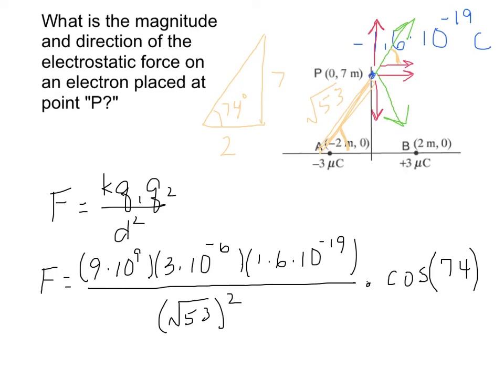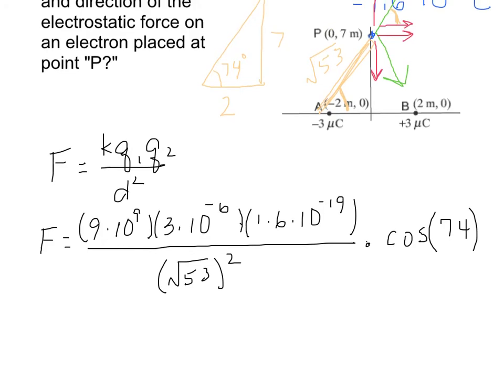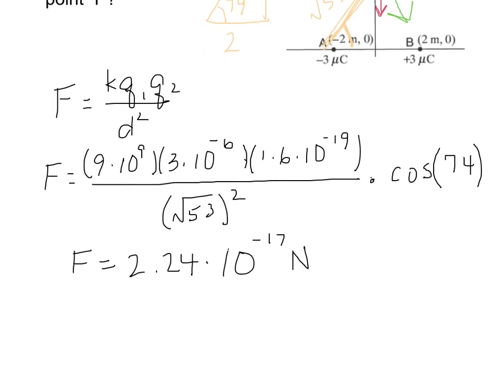Going to get a little more space here. So an individual force here is about 2.24 times 10 to the minus 17. And because I kept all my units in MKS units, then we can assume those are in newtons.